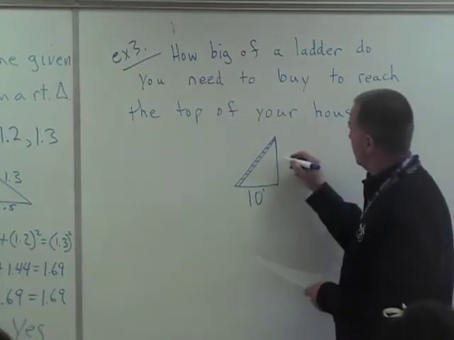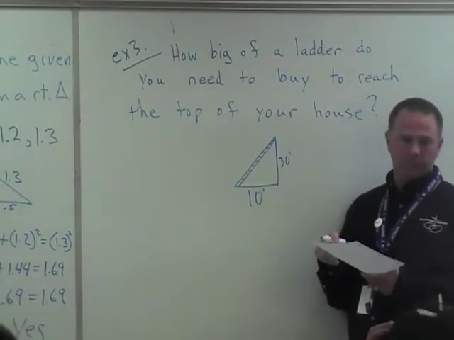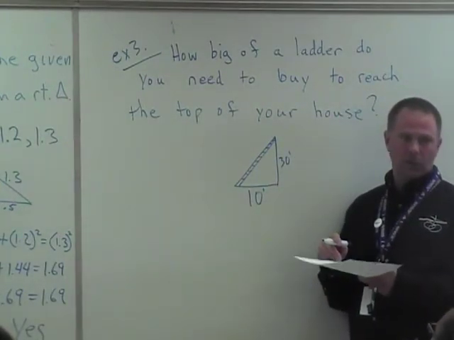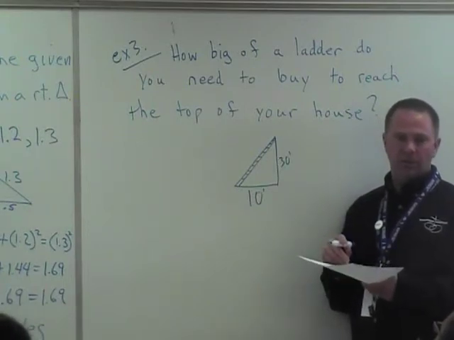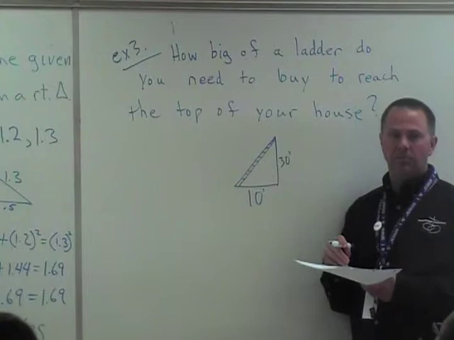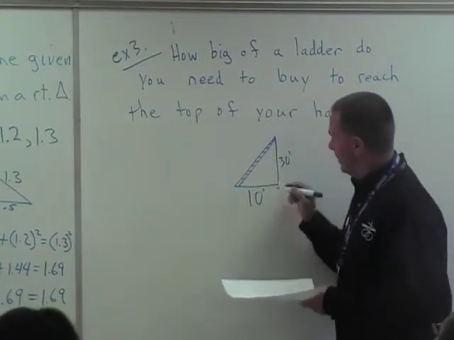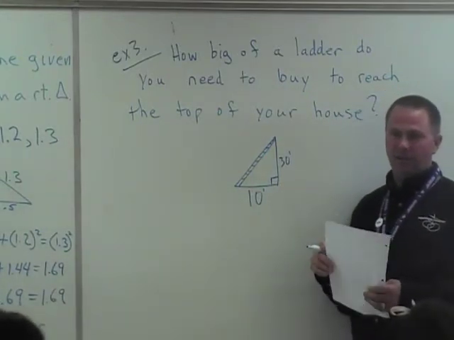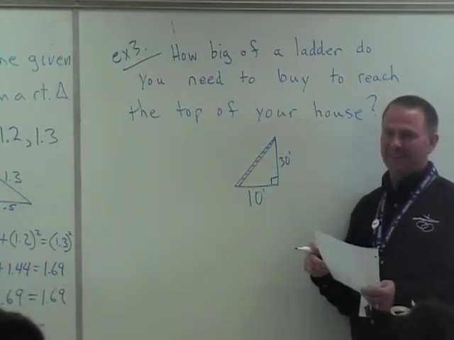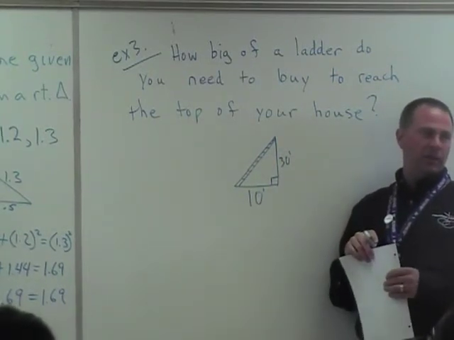Now you know your house is 30 feet tall. The house plans say the peak of the house is 30 feet. That's a huge house. Hopefully the builders built it correctly and it's at 90 degrees to the ground. So, how long does the ladder need to be?